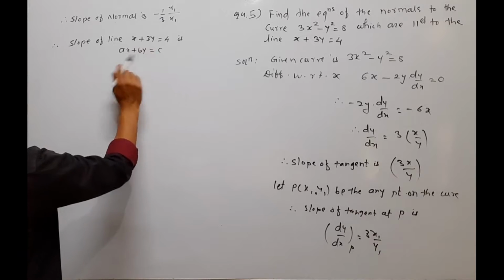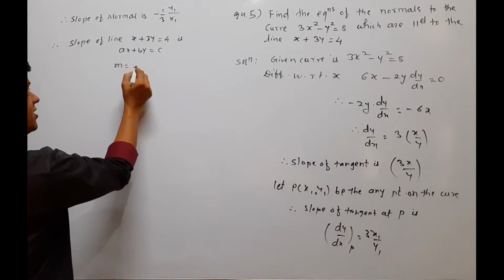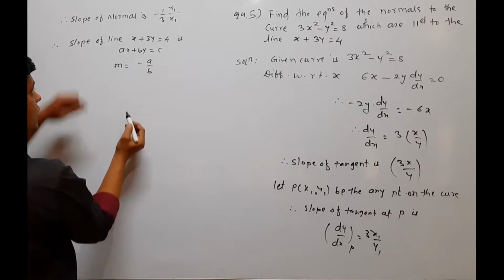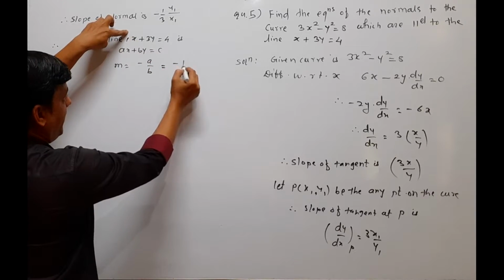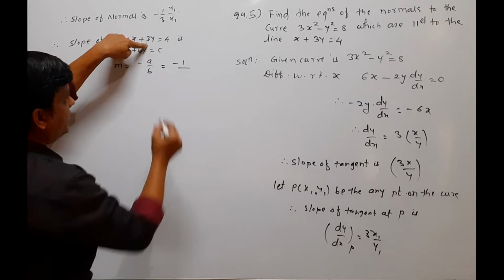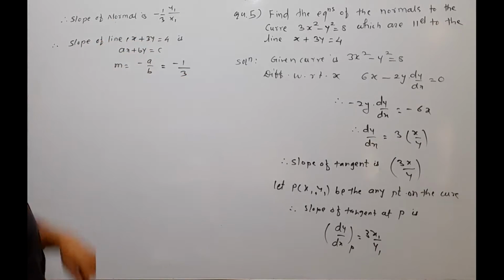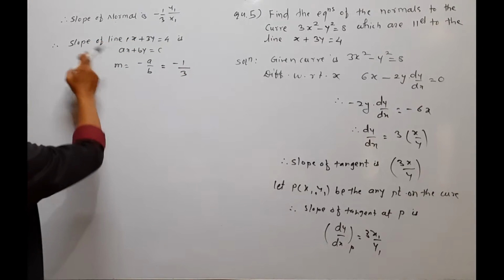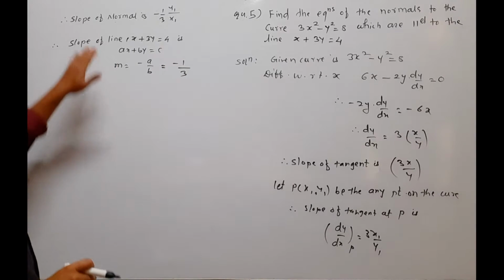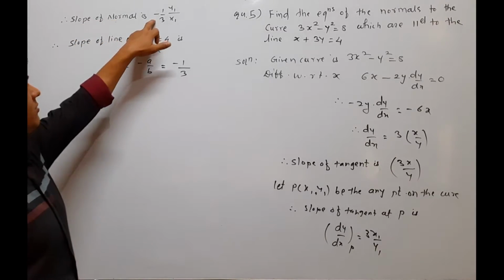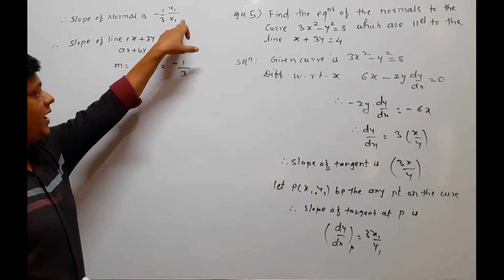So we get here slope as minus a by b. So here a is 1, that is coefficient of x is 1. So right here minus 1 upon value of b is 3. So minus 1 by 3. So slope of this given line is minus 1 by 3 and we calculate slope of normal which is minus 1 by 3 into y1 by x1.